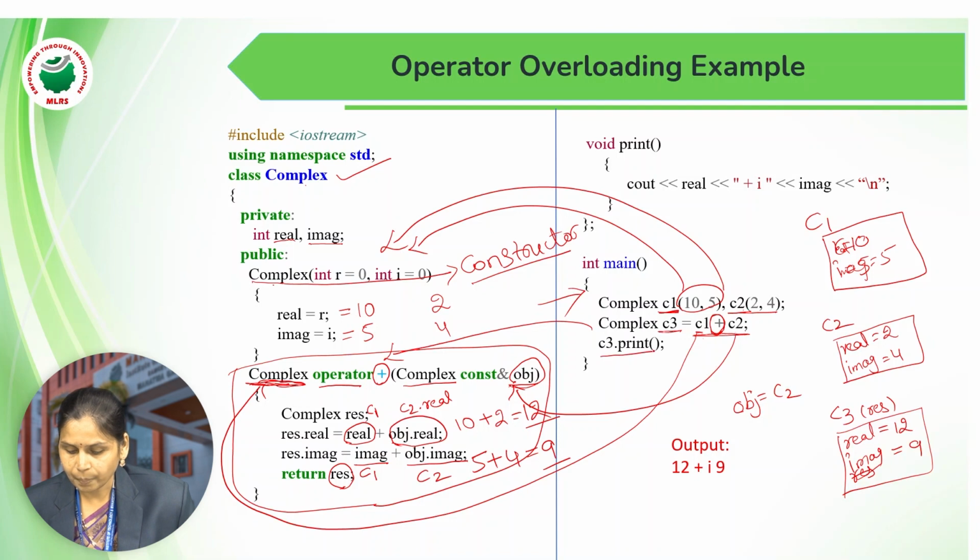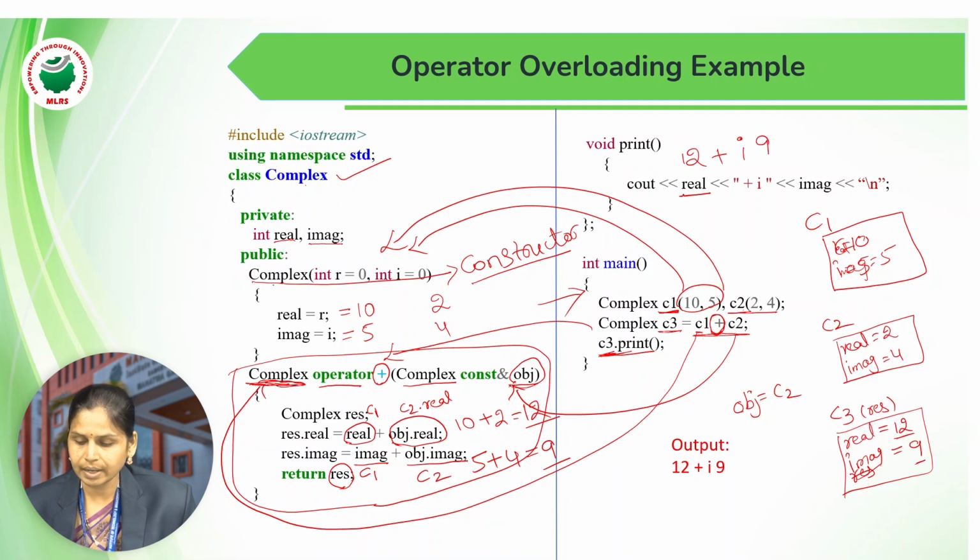Next, C3.print. When we use C3.print, it calls the member function print, cout real. Here we are calling the print function using the C3 object. In the C3 object, the real value is 12. Plus, here we are appending i. Next, the imag value: C3.print gives the imaginary value from the object C3, which is 9.